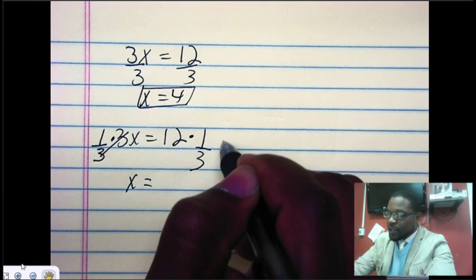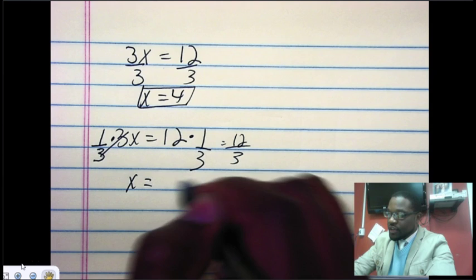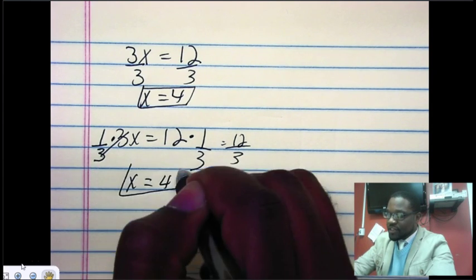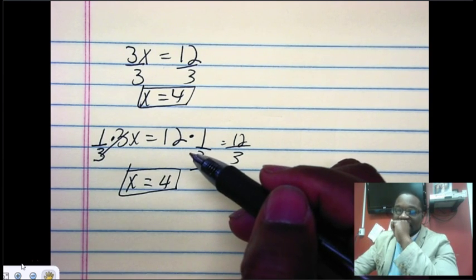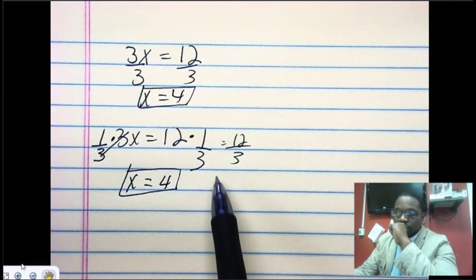Which is the same thing as dividing by 3. And you would do it to both sides, multiplying both sides by 1/3, which is the same thing as dividing by 3. Those would cancel, and you would get x equals 12 over 3, which is really 4. Same answer. This is kind of the backdrop of what we're going to do today.